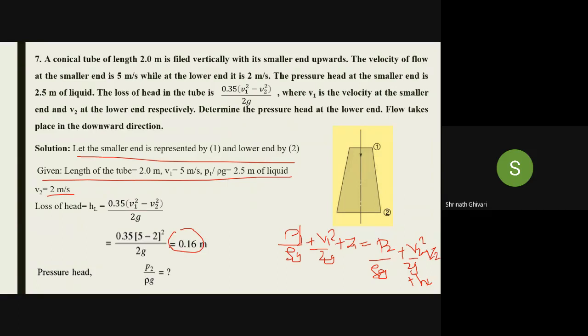What's the answer? What is the answer? Any one of you?